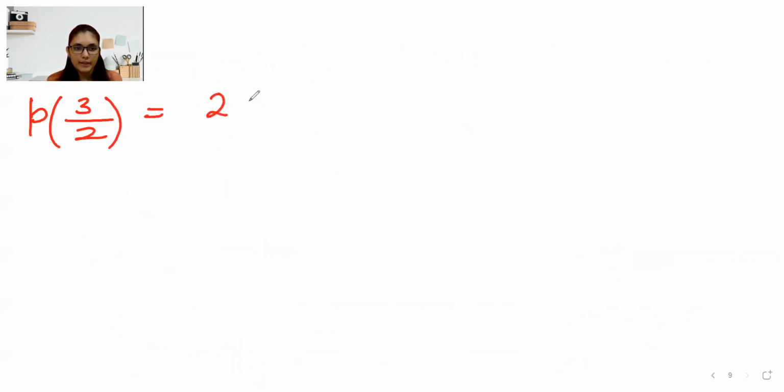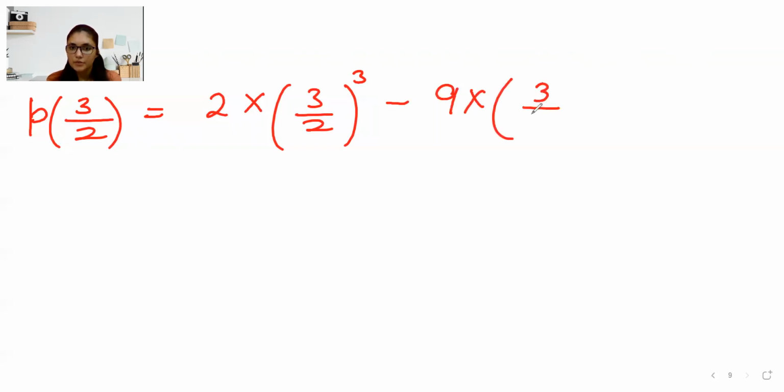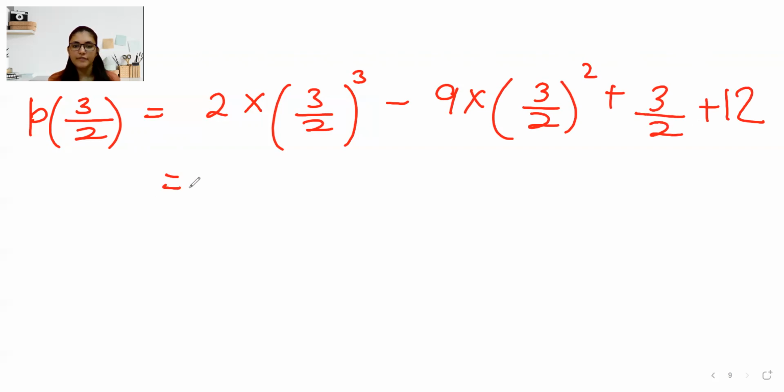So you will get 2 multiplied by 3 by 2 cubed minus 9 multiplied by 3 by 2 squared plus 3 by 2 plus 12. Now let's simplify this.